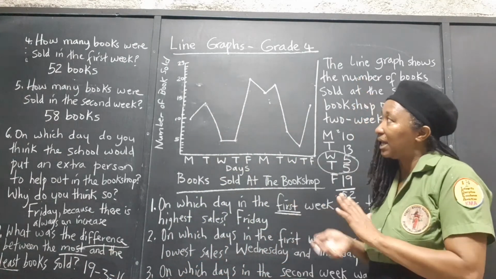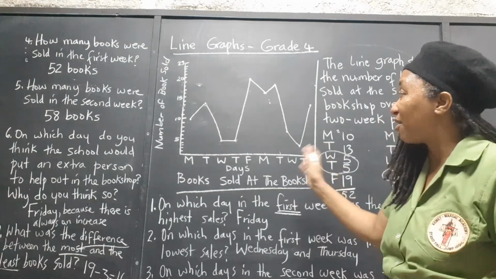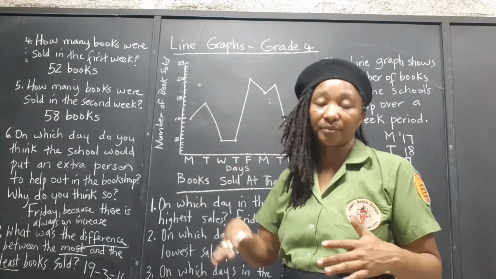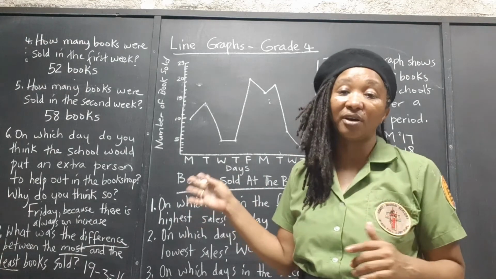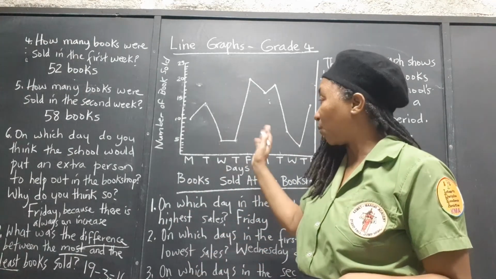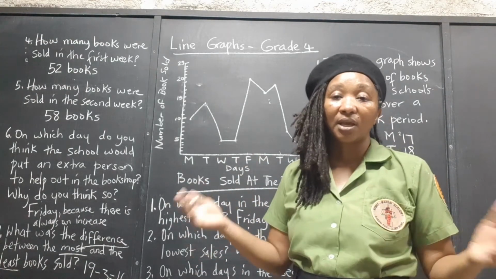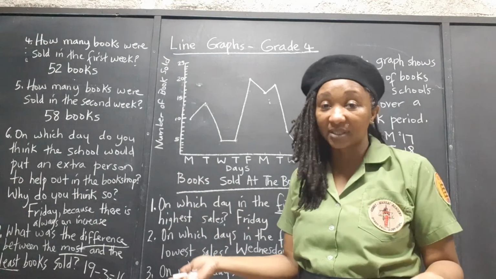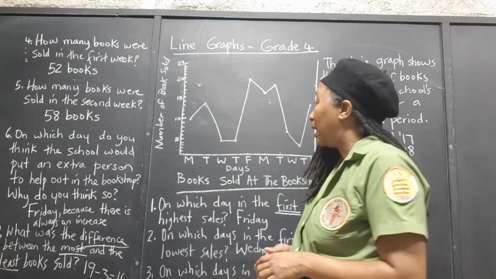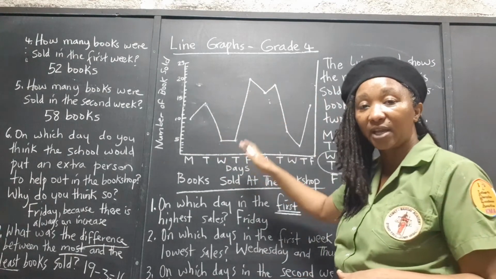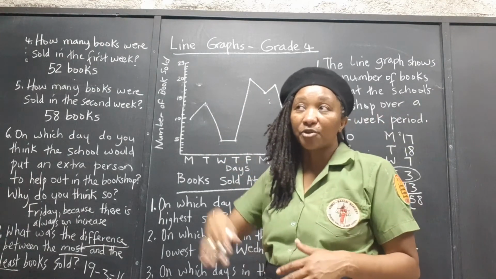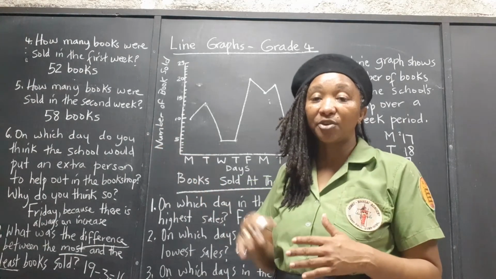So the line graph clearly shows a pattern. It clearly shows the movement of things over a period of time. Whether it's a week, 2 weeks, a year, between years, right? We see how it's trending. Is it increasing gradually?